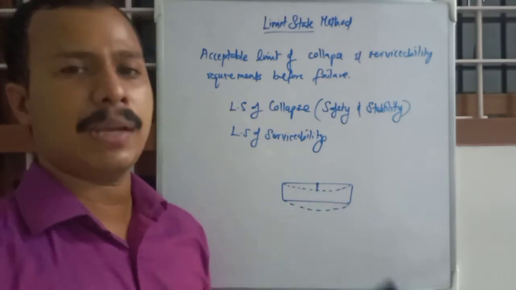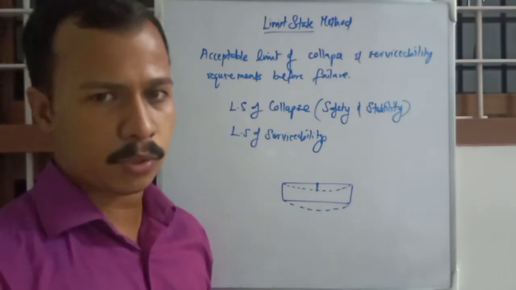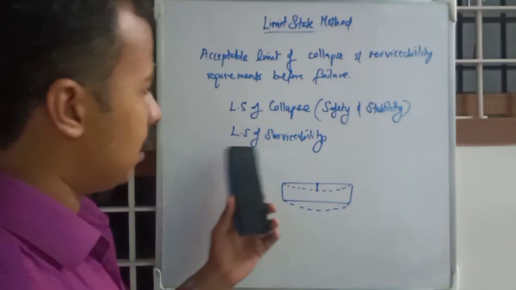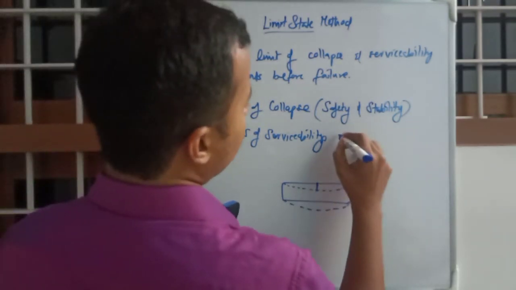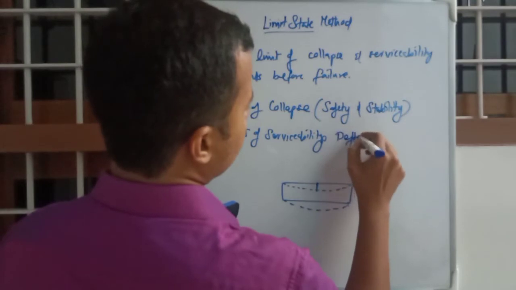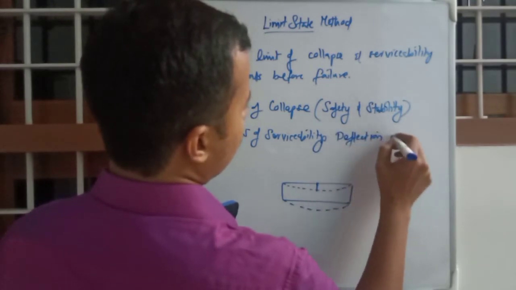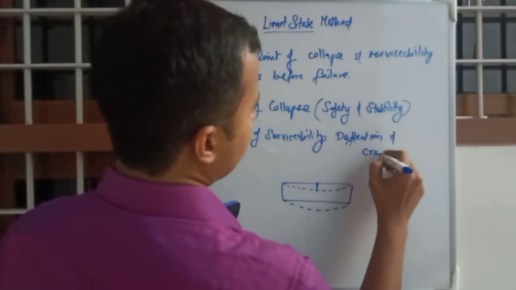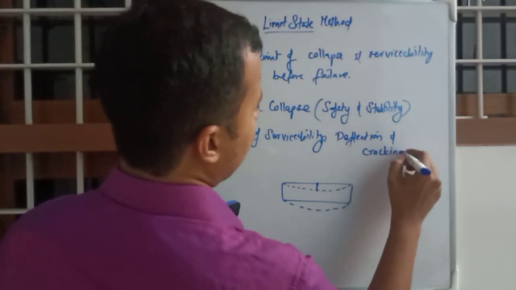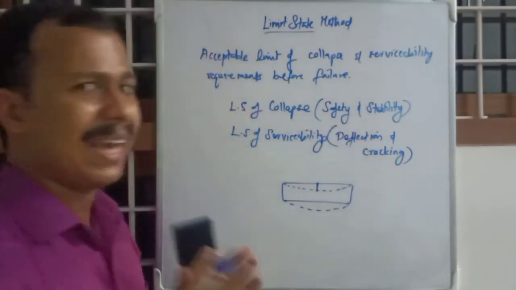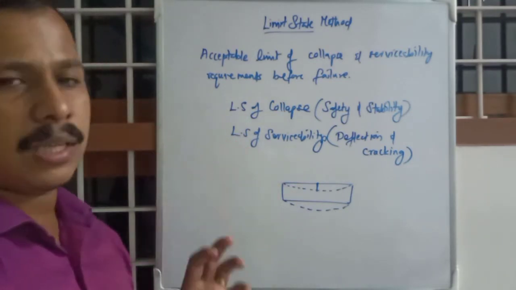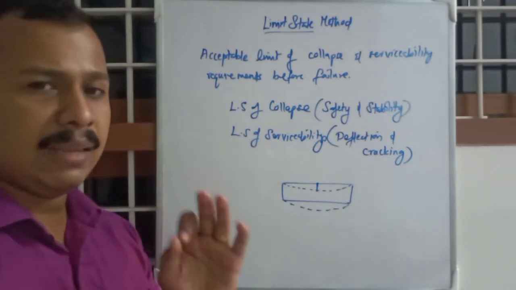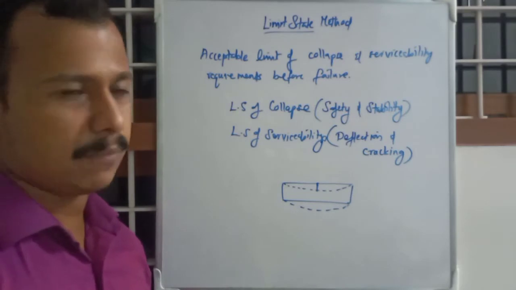It should be repairable, or maintenance should be possible. So in limit state of serviceability, we are concerned about deflection and cracking. Cracks can develop, but they shouldn't be excessive. So these are the two most important points about the limit state method of concrete structures.